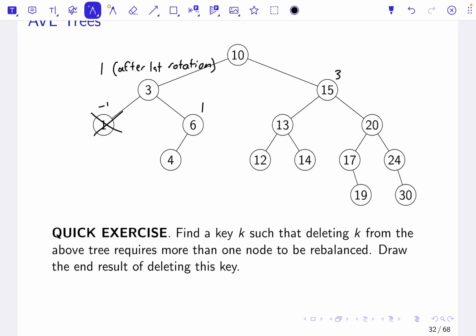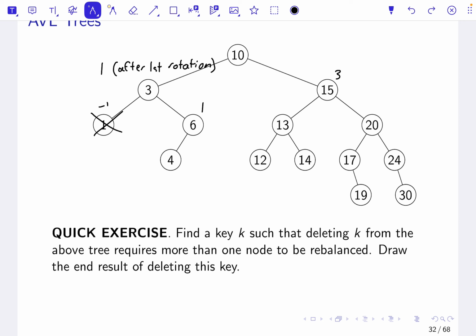This was okay before because 3 started out as having height 2. The heights were off by at most 1, so it was fine. But after rebalancing 3, it has height 1, which is, by our definitions, way, way less than height 3. So we're going to have to pull off a big rotation.